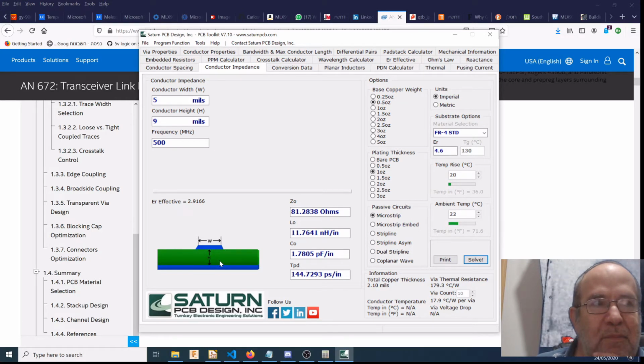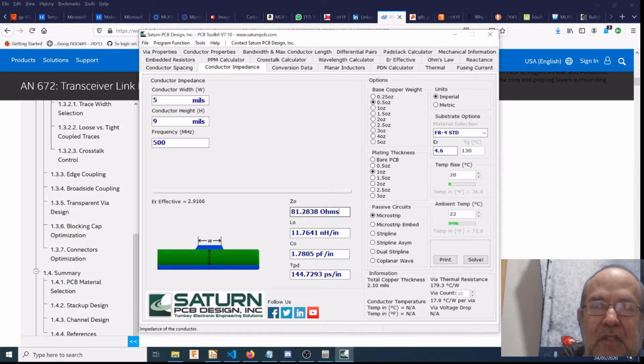The concept I'm going to speak about now is characteristic impedance. Now, we talk about a 50 ohm characteristic impedance line. Why 50? Because everyone works on 50.